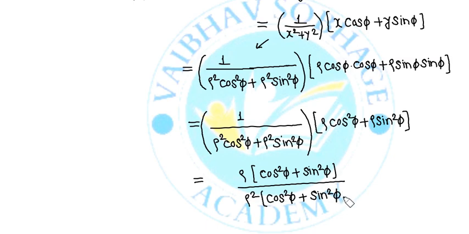So from the basic trigonometry property we have sin square theta plus cos square theta is equal to 1, or you can say since this numerator and denominator are the same, they will get cancelled out. So what is left? We are left with rho divided by rho square, or you can say this rho will get cancelled out with respect to this rho.